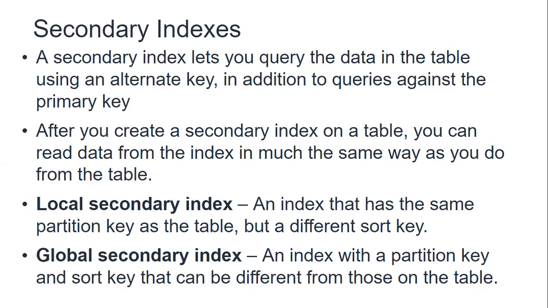And then you can read quickly from that view. Mind you, when you are making queries, you typically use your primary keys to query your data. The difference between the two is that global allows you to change both the partition and sort keys, while local only allows you to change the sort key.